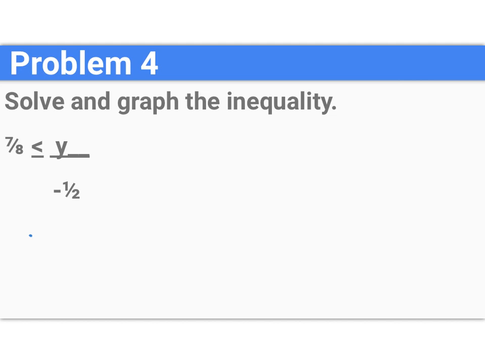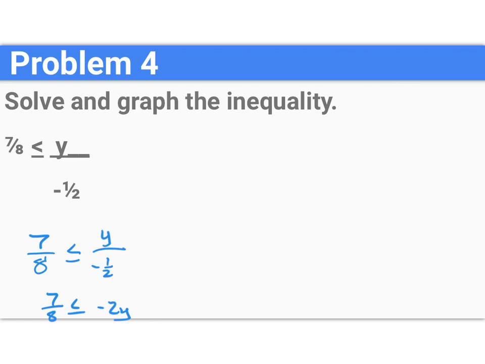So what this actually is, 7 over 8 is less than or equal to y over negative 1/2. And so what this really is, when you divide by a half, you flip and multiply. So I'm going to rewrite this: 7/8 is less than or equal to negative 2y.